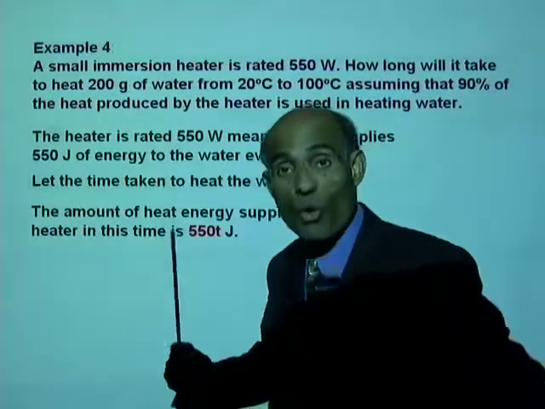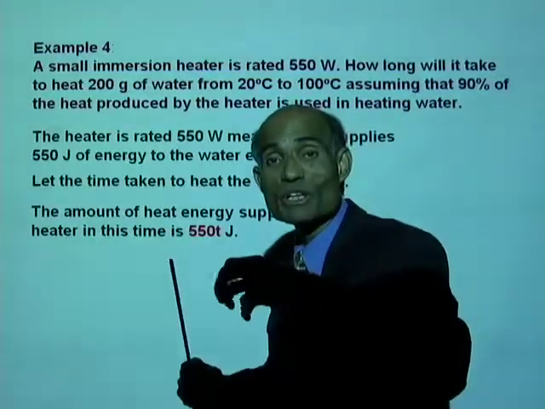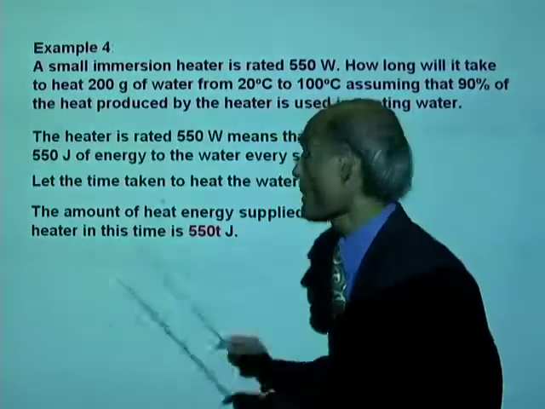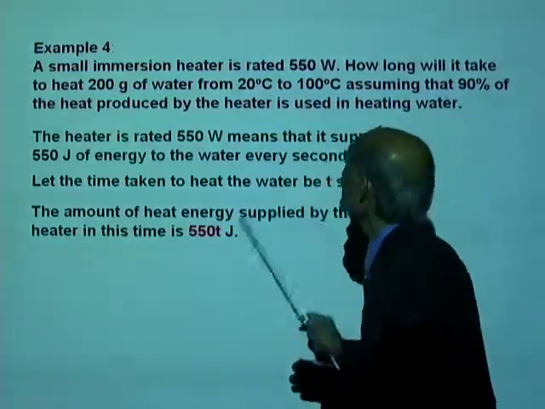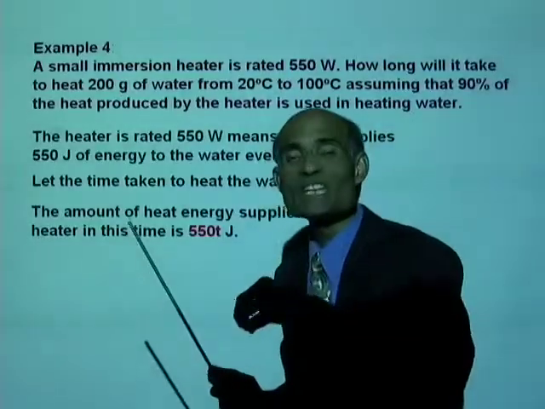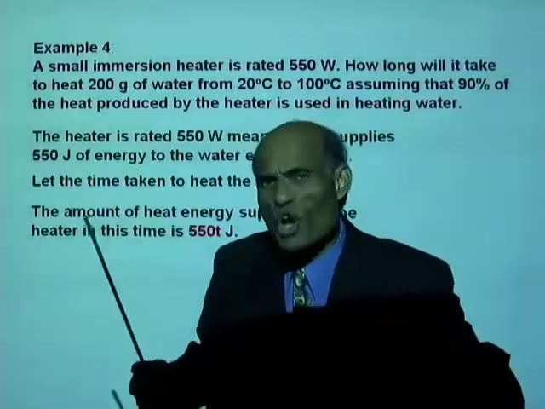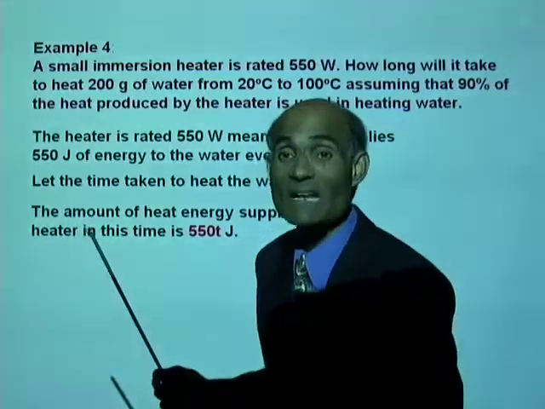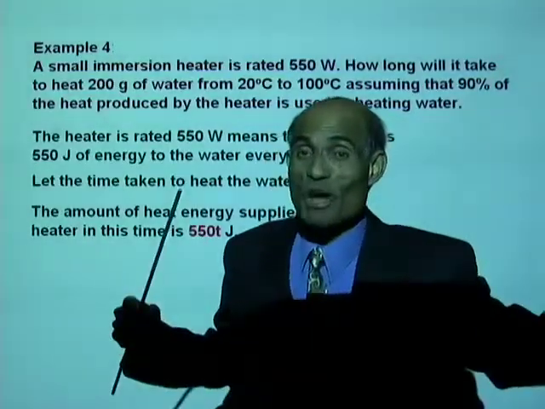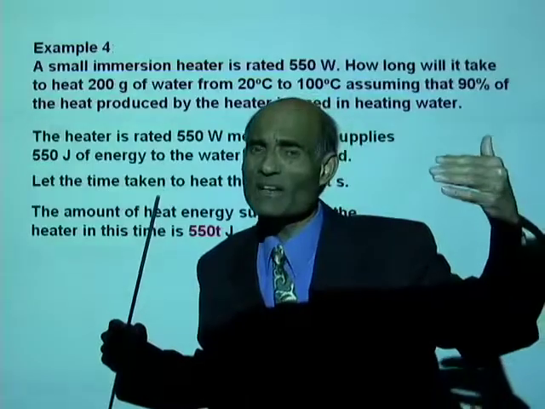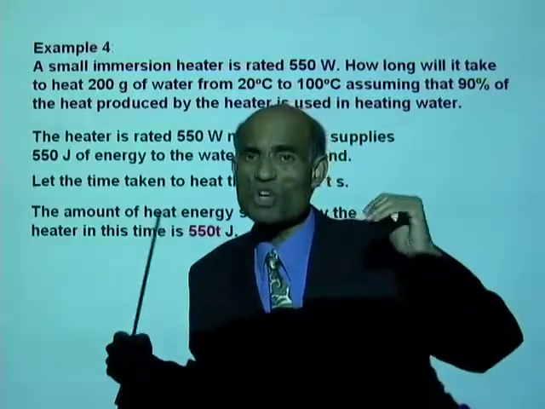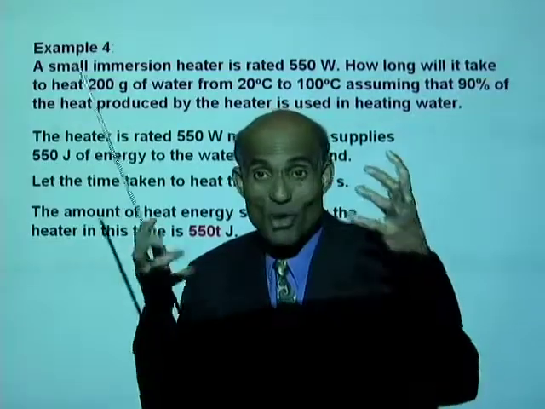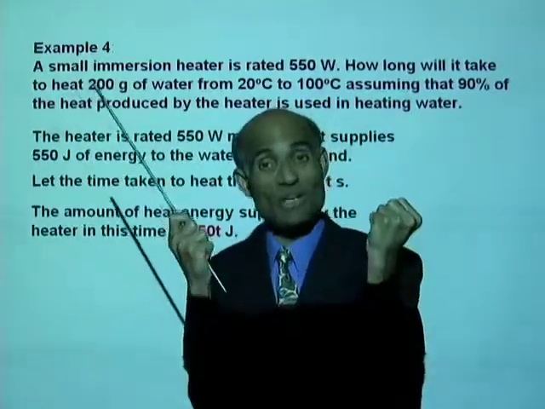Now, are all this amount gone to heating water? No. Only 90% of this is used in heating water. The rest is lost to the surroundings. Well, there are many ways heat can get lost to the surroundings. Now, does it mean that the conservation of energy is not obeyed? Well, it is obeyed. All that heat is taken into account.